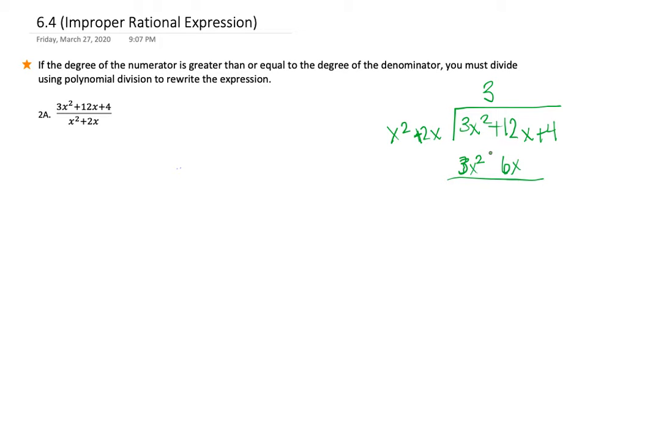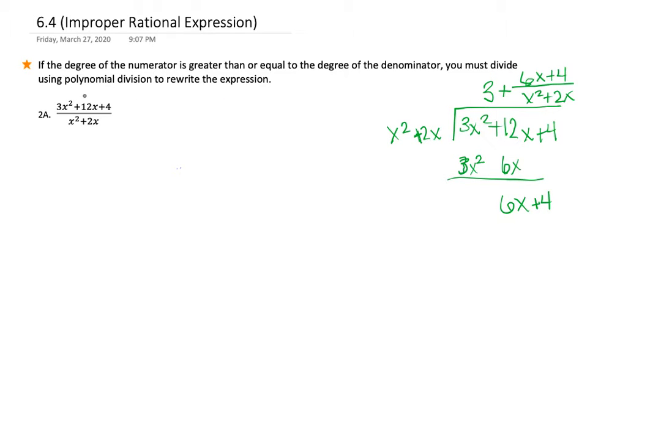So I have nothing here. This becomes 6x. And I bring down my plus 4. I can't go any further. So to finish rewriting this, it looks like my 6x plus 4 is going to be over x squared plus 2x. So this fraction here is what we're going to decompose.